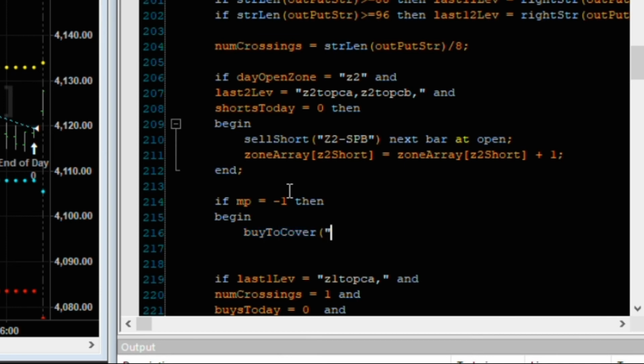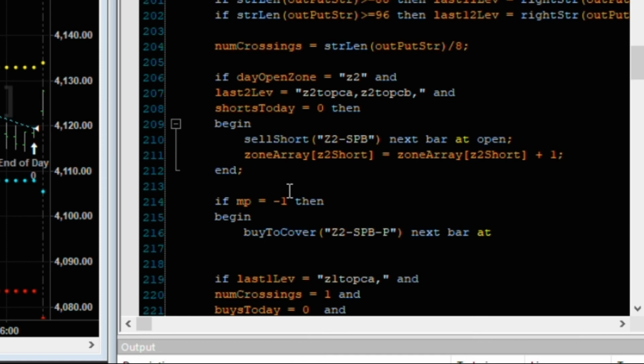And what are you going to do? I'm going to call this, and I want to keep the same naming pattern. So pullback, short pullback, I should say. Profit, P. P is for profit, L is for loss. I want to do that next bar at, well, what is that?